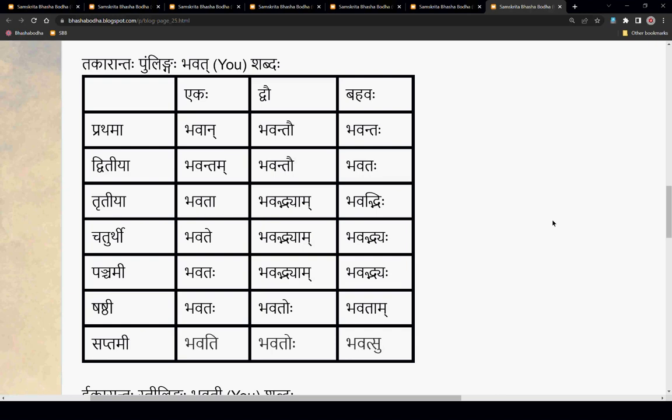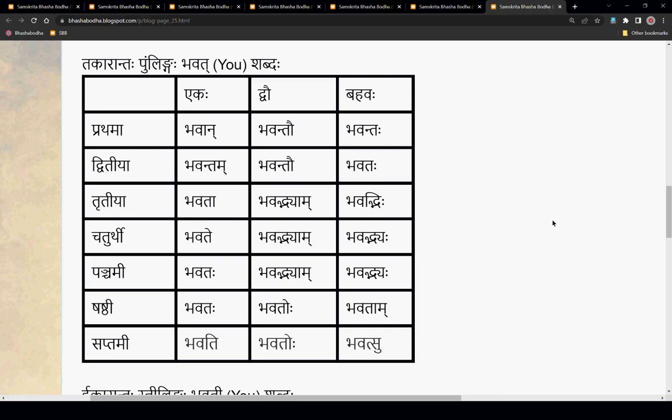Bhavatam, of you all. There are many people, of you all. Griham is one home, which is beautiful. So they all live in one home, let's say. Your house is beautiful.